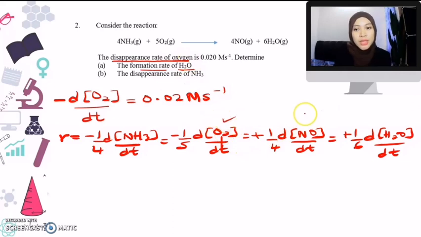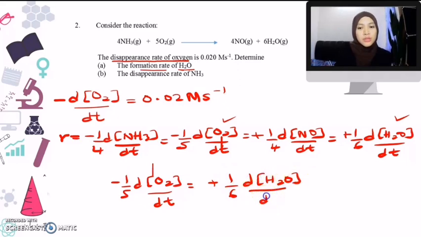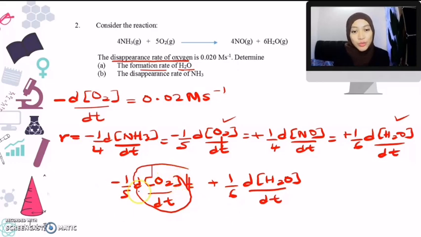So between this and this. We relate negative 1 over 5 d O2 over dt equal to positive 1 over 6 d H2O over dt. So we already have this value. We just substitute into this relationship.